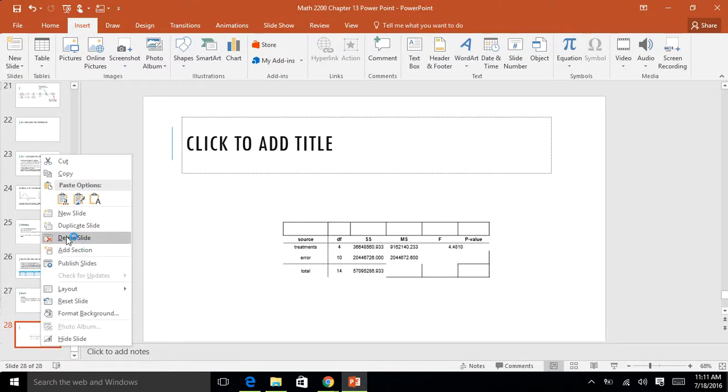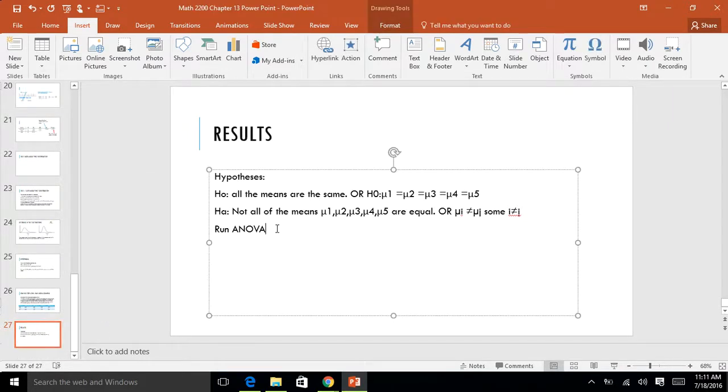Okay. All right, so I ran my ANOVA, and then the next step it wants me to do is find my distribution for the F-test. So for this one, what I need to do is find my degrees of freedom for my numerator and degrees of freedom for my denominator.